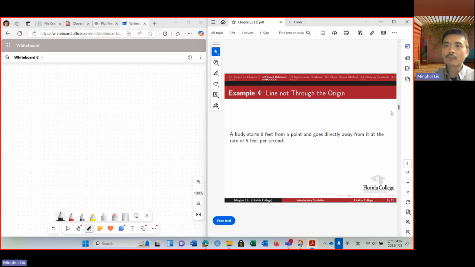All right, and of course, some lines do not necessarily pass through the origin, such as in this example, if your body starts 8 feet from the point and goes directly away at a rate of 5 feet per second. So now when t equals 0, the distance is already 8. So now the formula for the distance becomes d equals 5t plus 8.